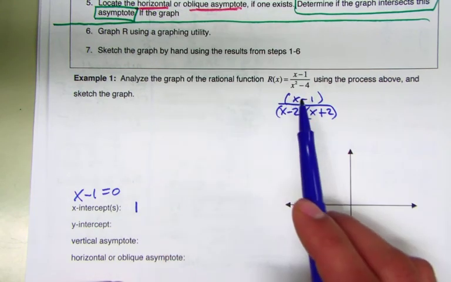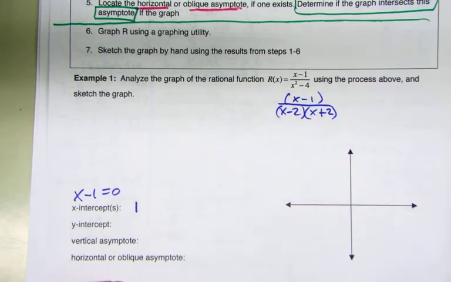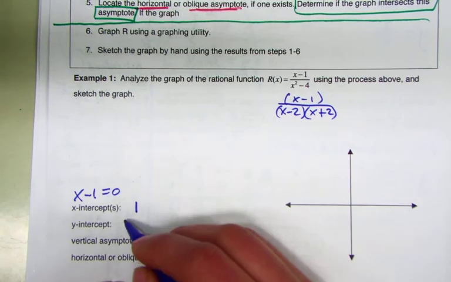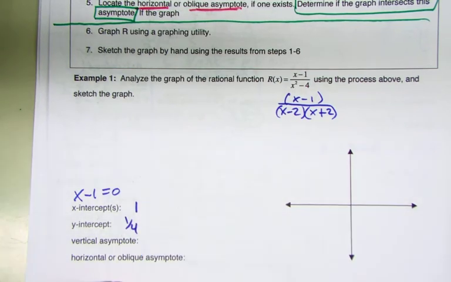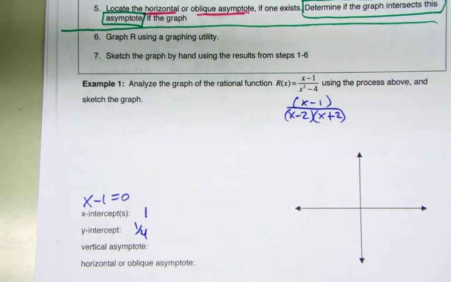Here you'd actually have to do 0 minus 1, 0 minus 2, 0 plus 2, and then figure that out. Here you see right away you get -1 over -4. So the y-intercept is 1/4. Everybody good so far? Positive. Negative over a negative is positive.